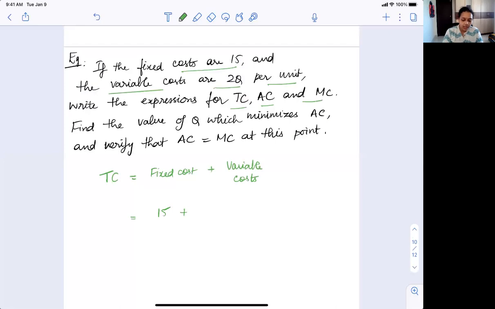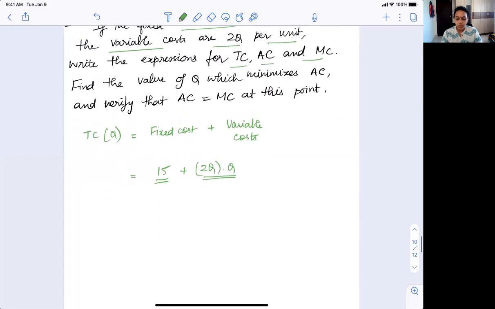So if I'm writing total cost of producing Q units, my 15 here is independent of the amount of output that I produce, so that just goes in as it is. But I have 2Q per unit of production, and I produce Q units. So the variable costs are actually going to be 2Q squared. So this gives the total cost function as just 2Q squared plus 15.